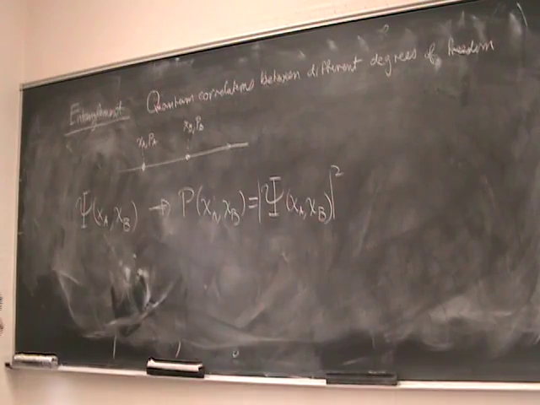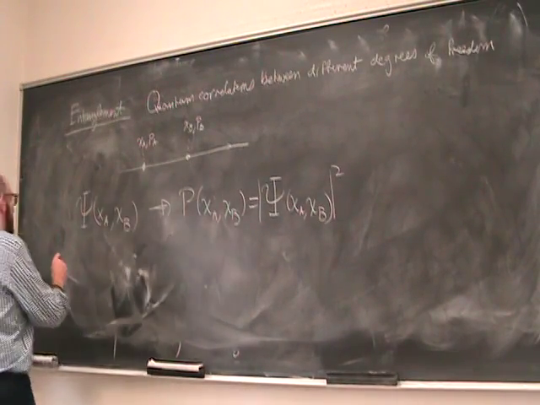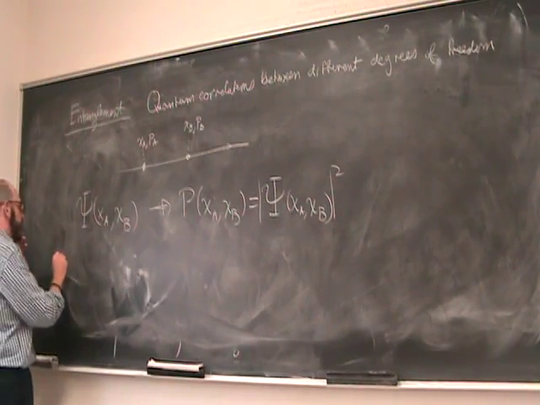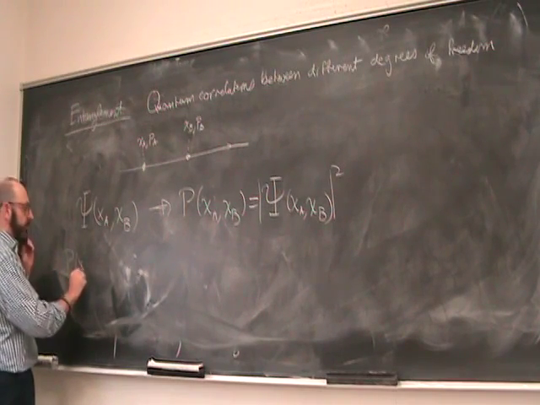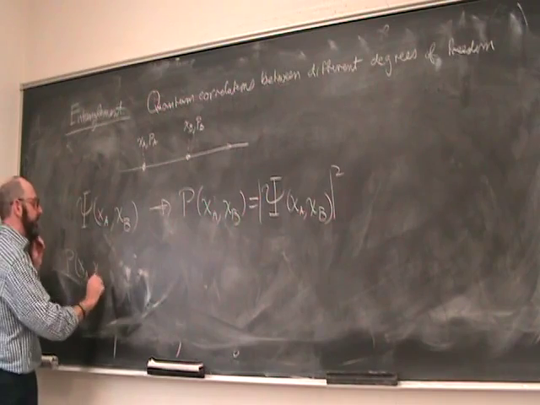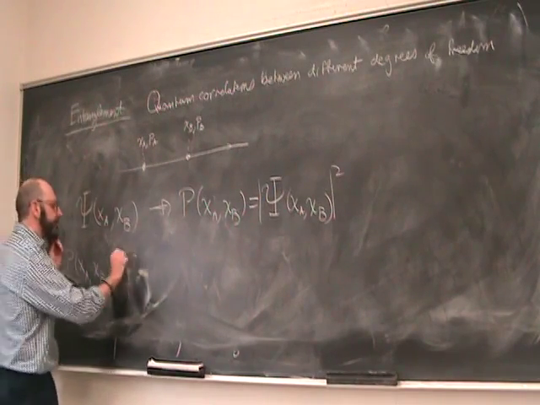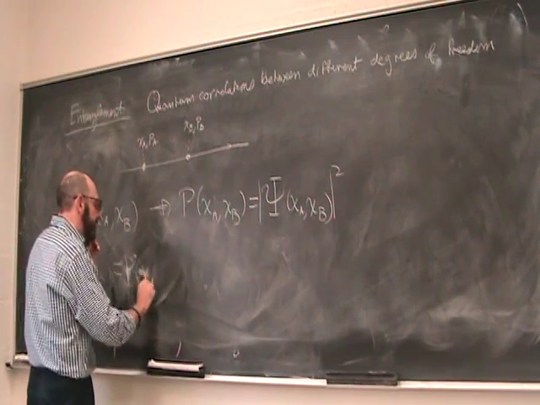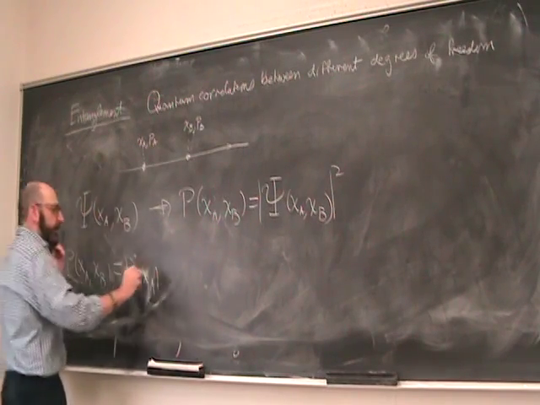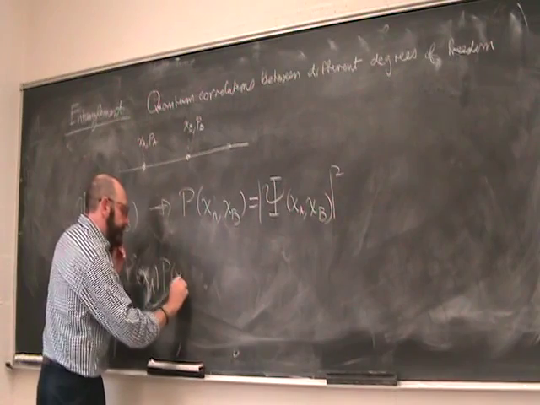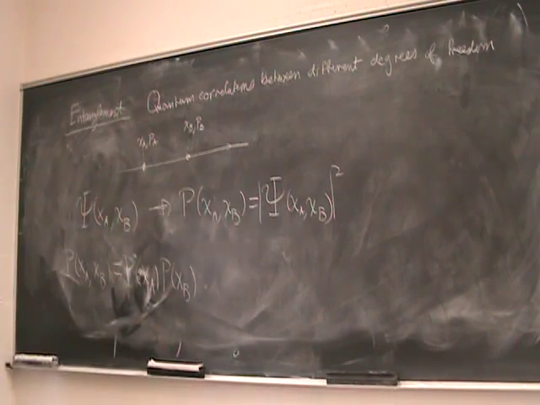Right? Now, the question we can ask ourselves is, under what condition is the joint probability statistically uncorrelated? That is to say that this probability density factorizes. Okay?